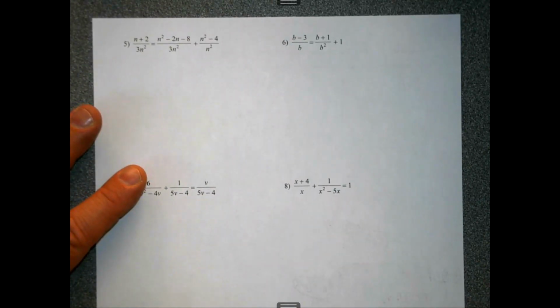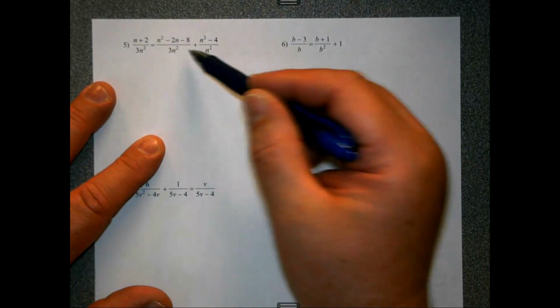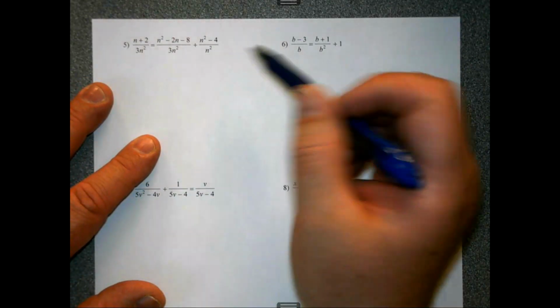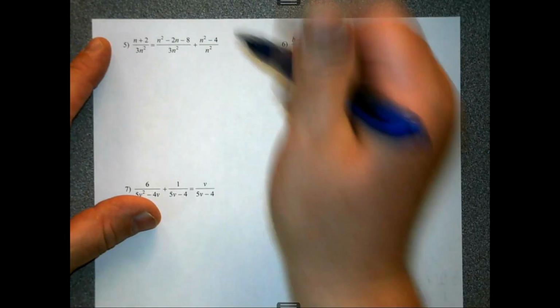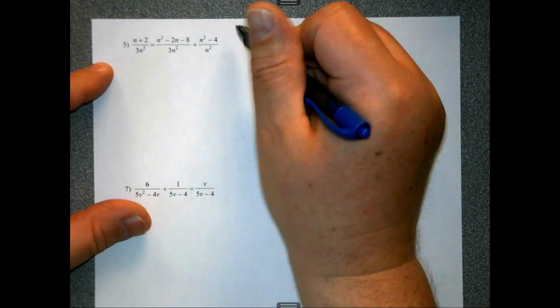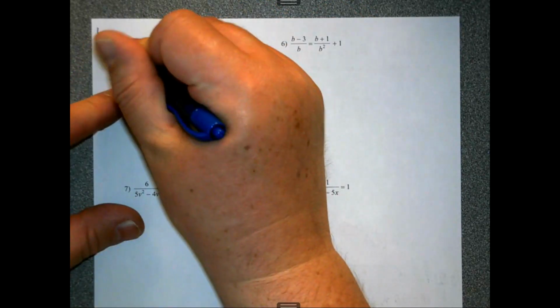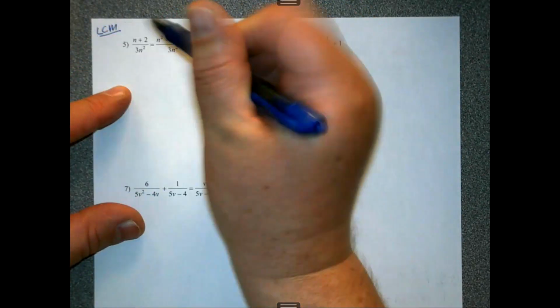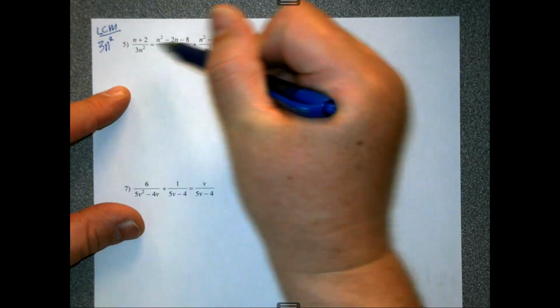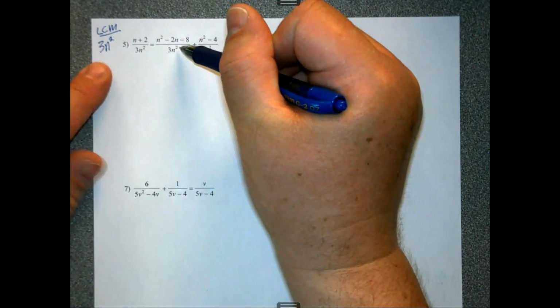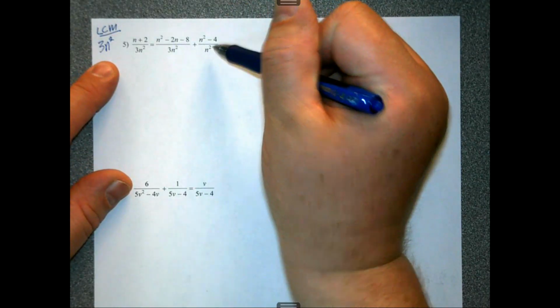Okay, I'm not going to worry about the numerators anymore, right? I'm not going to have you guys factor. So that's shortcut number 1. What's my LCM here? 3n squared. Because I need a 3n squared here, and an n squared, I have that.